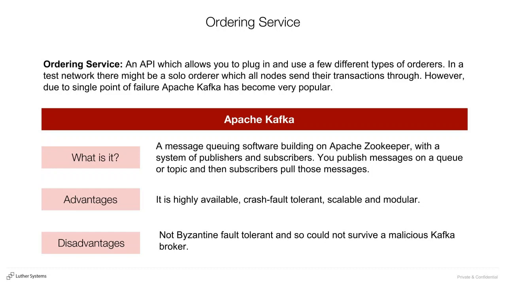Kafka-based ordering service. Apache Kafka is message queuing software, an open source Apache project that has recently come into a huge amount of popularity and use in large enterprise systems. It's known for its high performance.